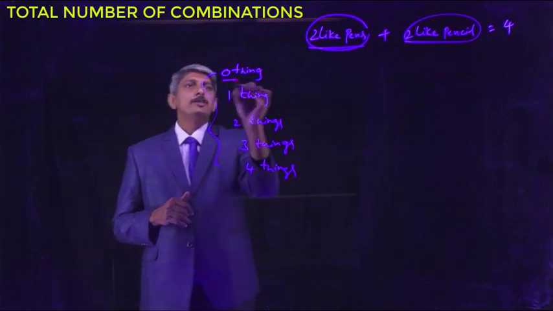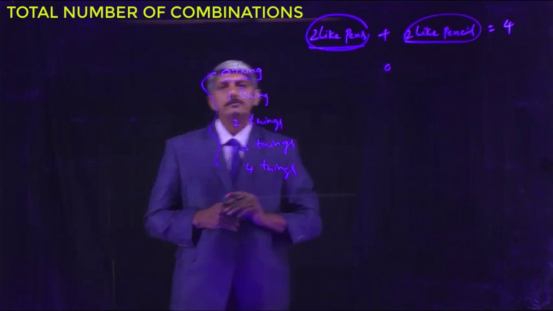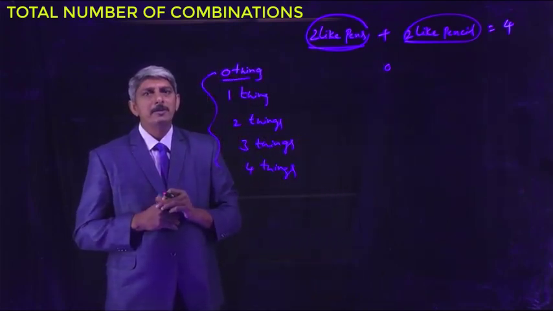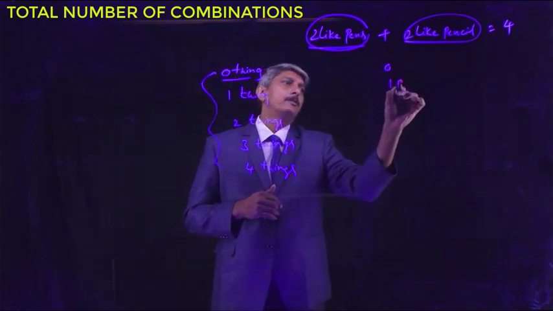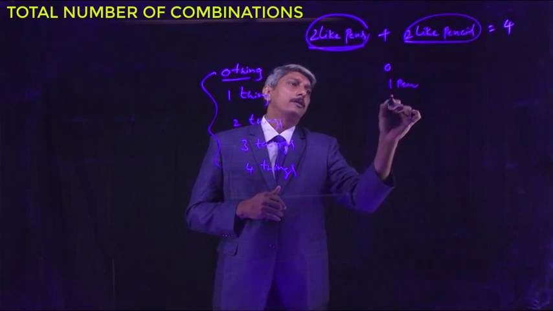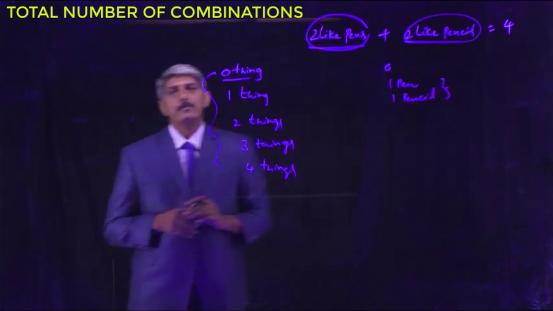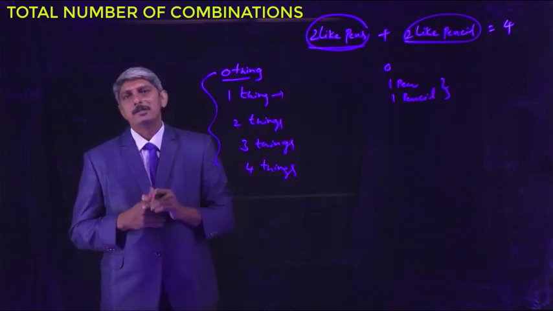Suppose 0 things means nothing. What are the possibilities for 1 thing? 1 thing means it may be either a pen or a pencil.